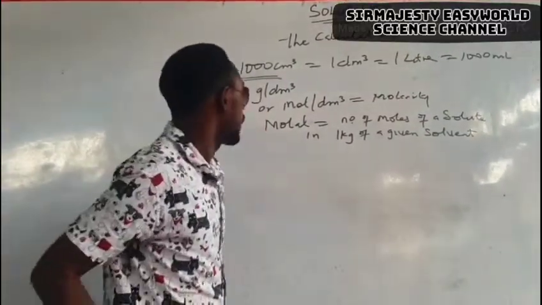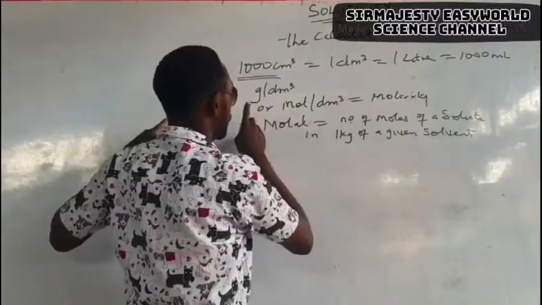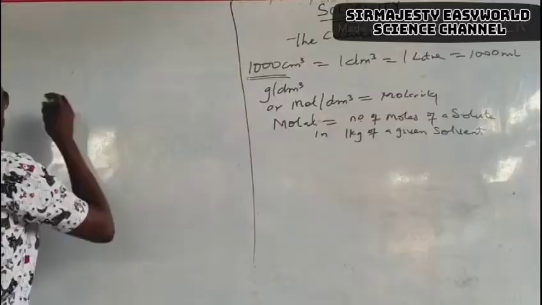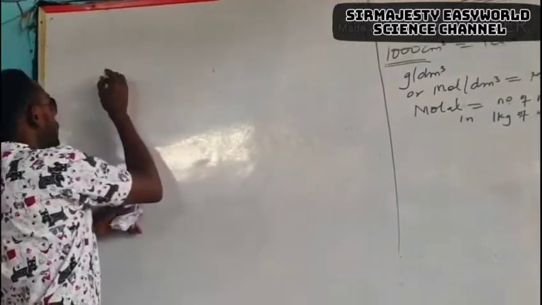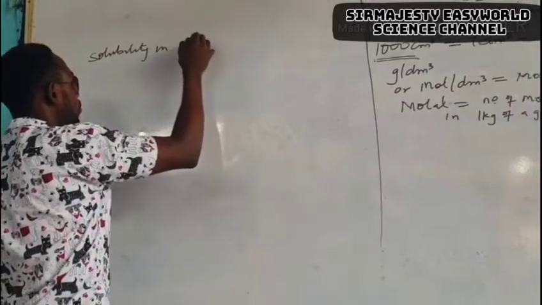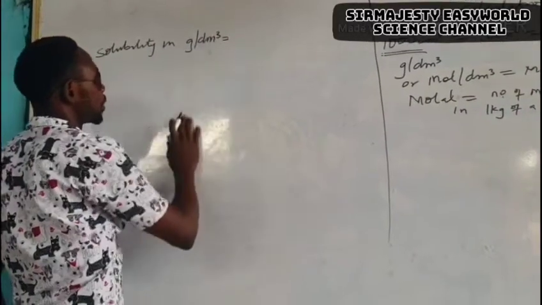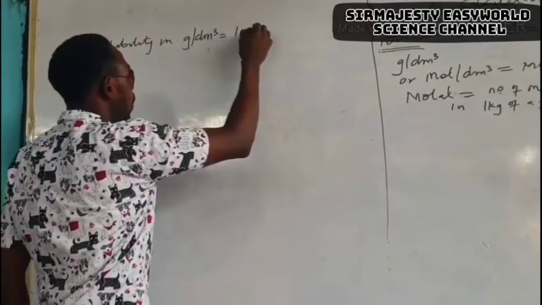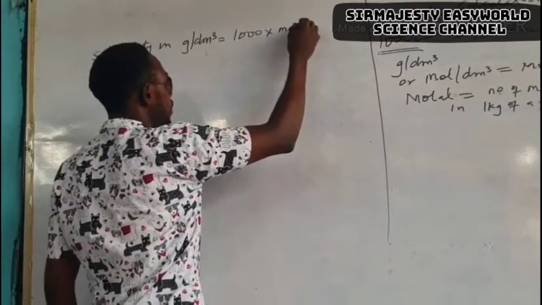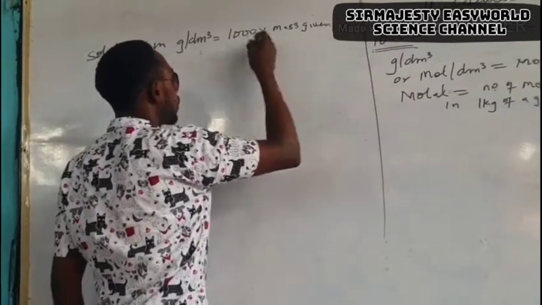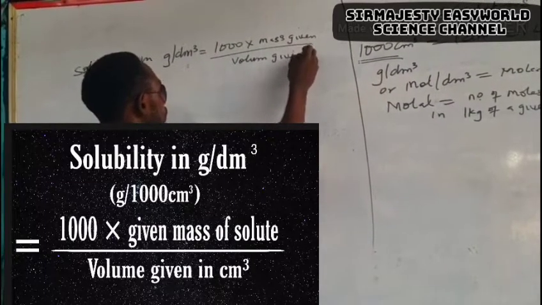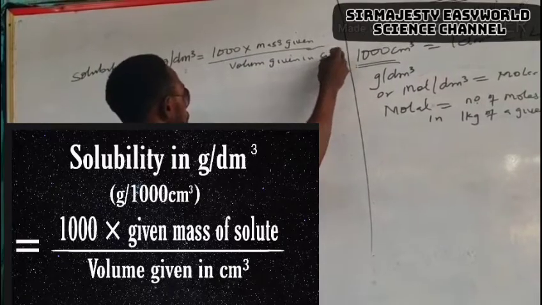Now, for solubilities in gram per dm3, we go with the formula. Just use the sheet. Solubility in gram per dm3 is simply equal to 1000 times mass given, or gram given, all over volume given in cm3.